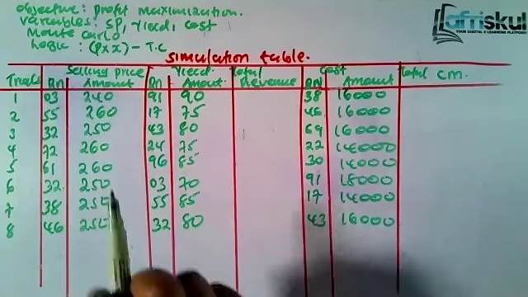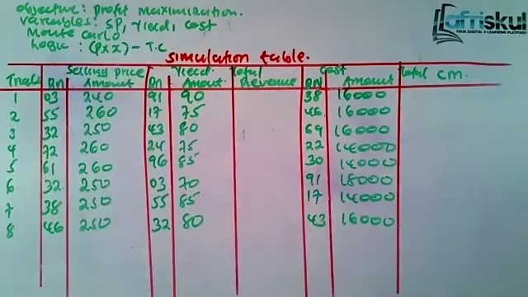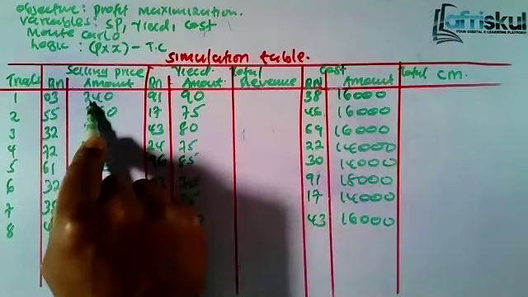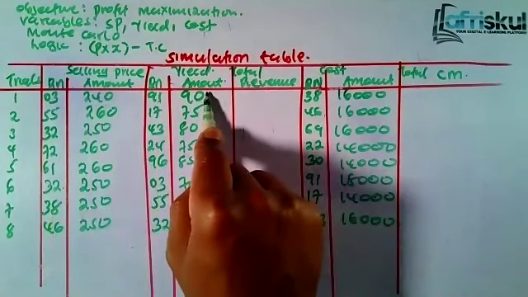Tulisema to get the total revenue is just price times the number of tons. So let's do that. So it's 240. That's the selling price per ton. You multiply by the number of tons, 90.